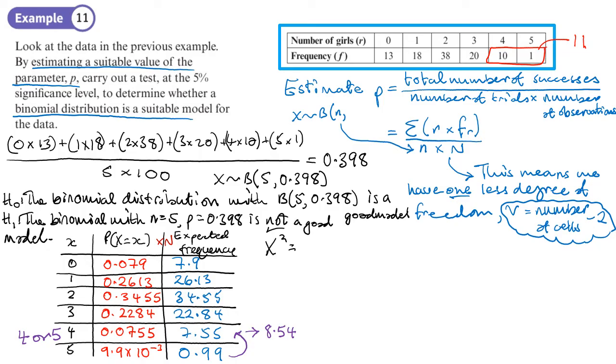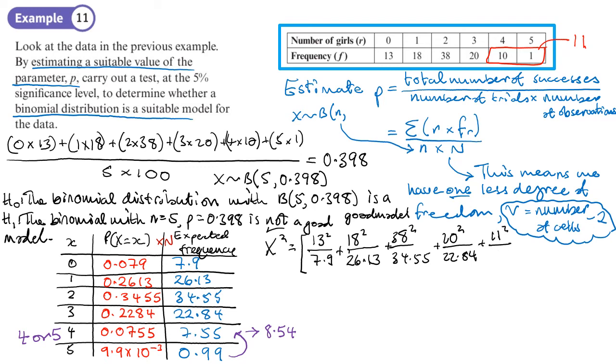So that will give me observed 13 from the first one, 13 squared over 7.9 plus 18 squared over 26.13 plus 38 squared over 34.55 plus 20 squared over 22.84, and then the combined one, 11 squared over 8.54, and then I need to take away the number of observations.